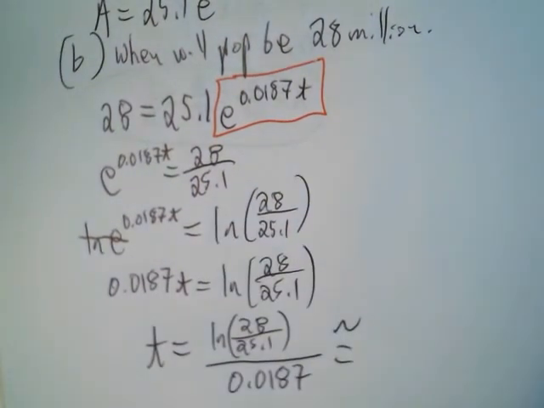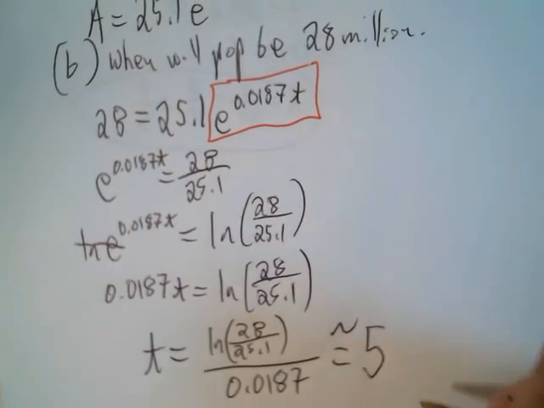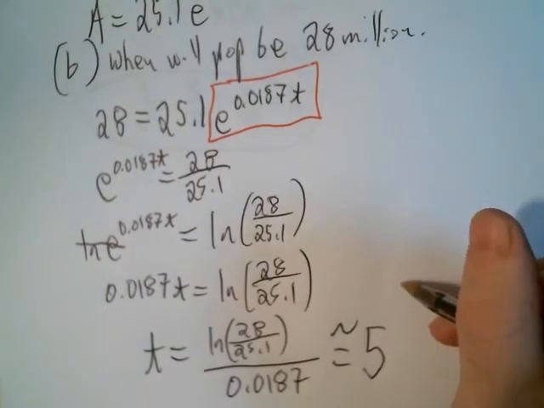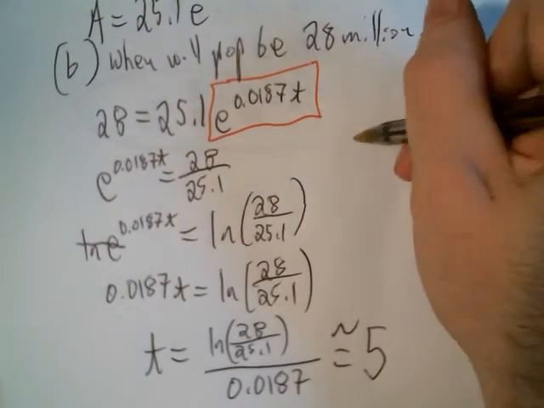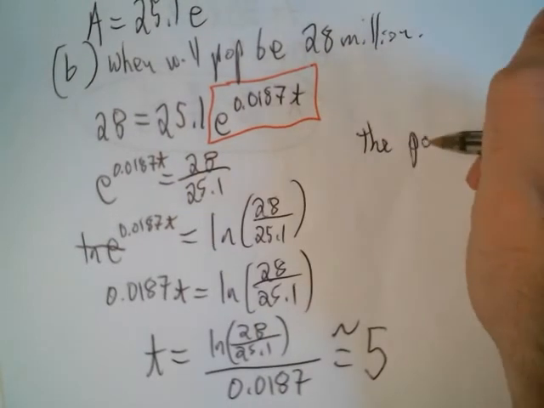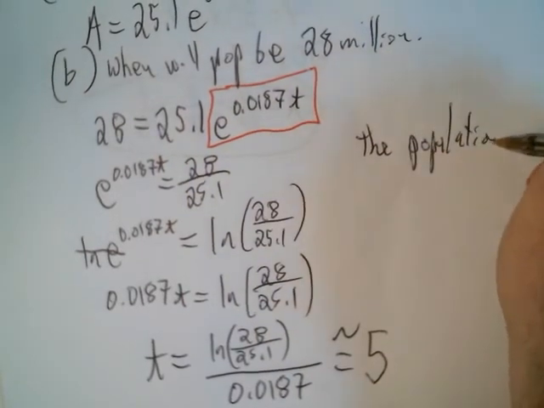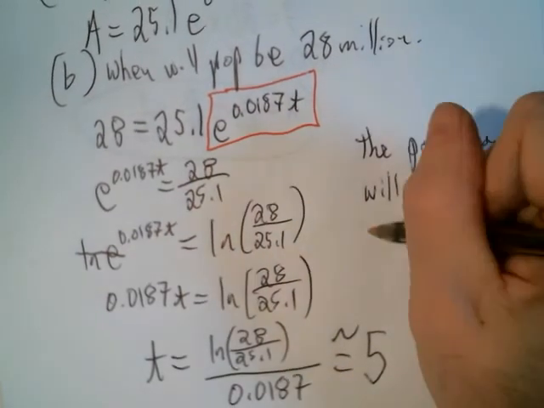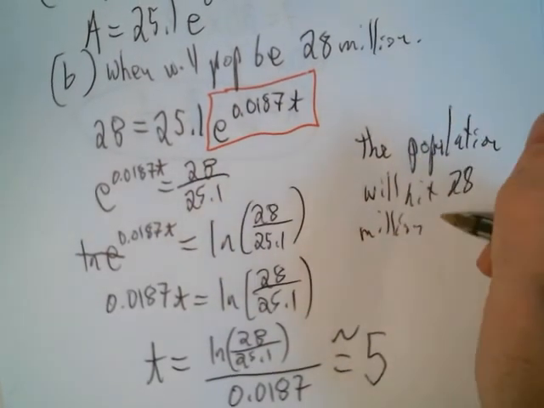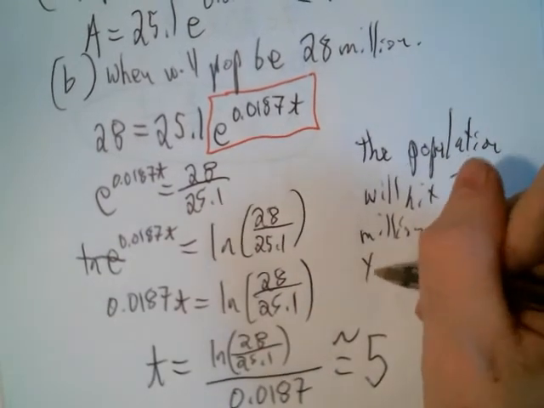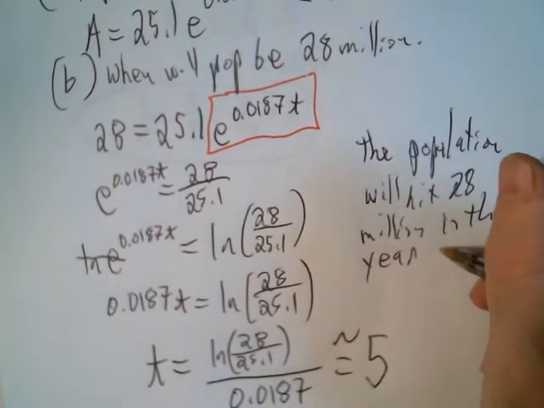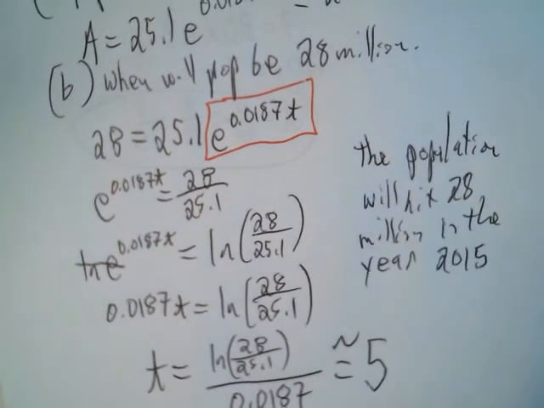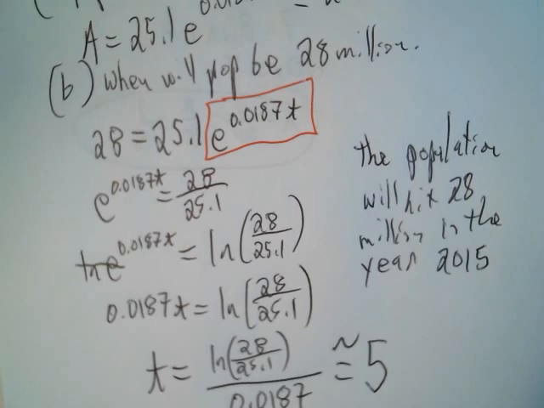If you put it in your calculator, you'll get approximately 5. So the population will hit 28 million in the year 2015. It's 5 years after 2010.